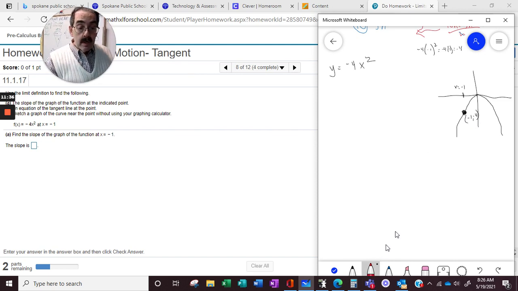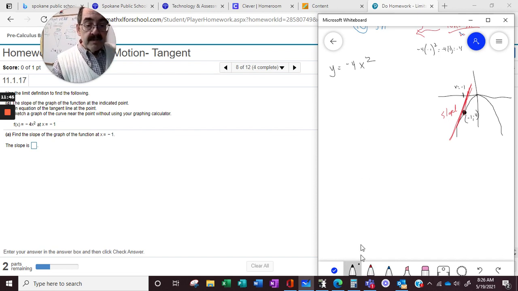Now our goal is to find this slope. We find the slope by using this new concept of f of a plus h minus f of a, all over h. So how do we do the problem?